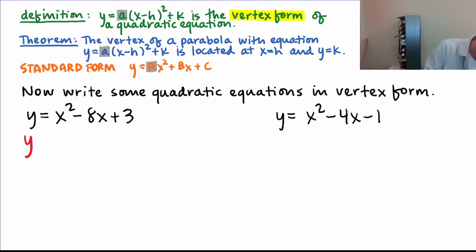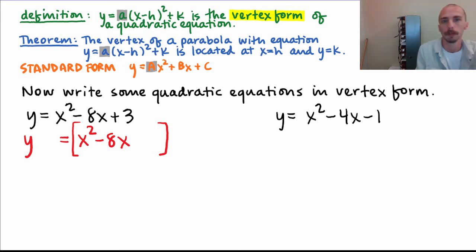I'm going to set up to complete the square, so I'm going to add some space to add something to y, and then to hold on to x squared minus 8x. And one thing you can do is pre-block it off with square brackets to remind you that I'm going to be adding a number into that square bracket. And then I still have that plus 3 on the outside. You don't want to lose track of that.